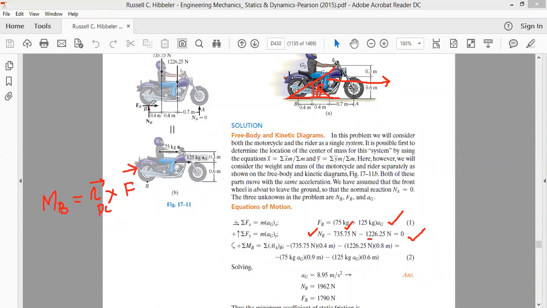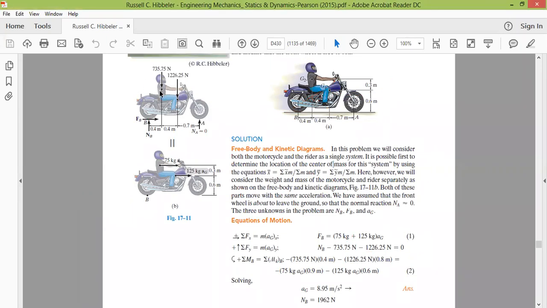Look at point B. First of all, calculate the moment at point B because of 735.75 Newton. The moment will be force into force arm. The force is 735.75 Newton, acting downwards. The force arm is 0.4 meter and it's trying to rotate the entire system in the clockwise direction. That's why we write this negative: minus 735.75 Newton into 0.4, negative because it's trying to rotate clockwise.